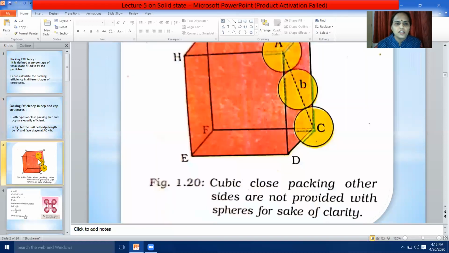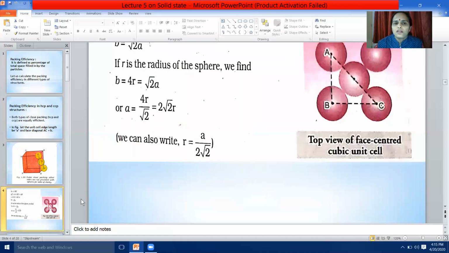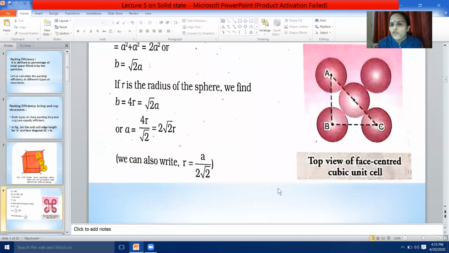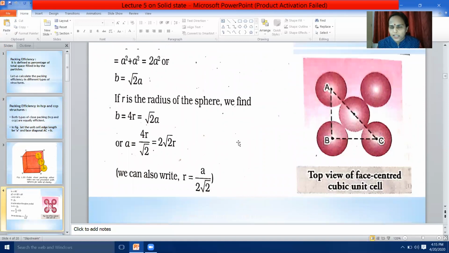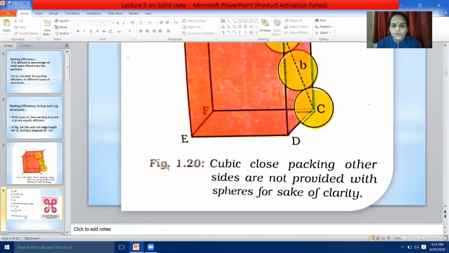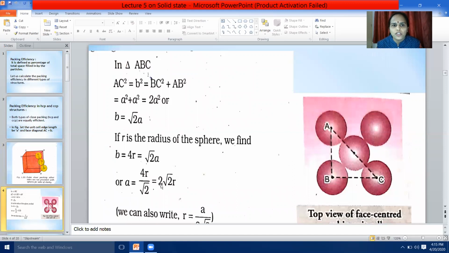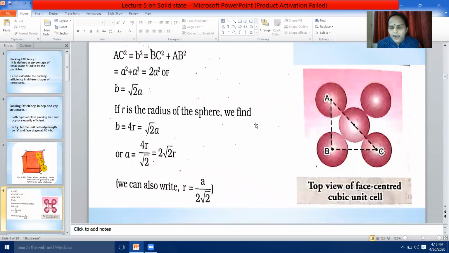In this figure, you can see we are taking AC as b and the edge length as a. Then look at the top view of the face-centered cubic unit cell, the diagram that I am showing you on my right.